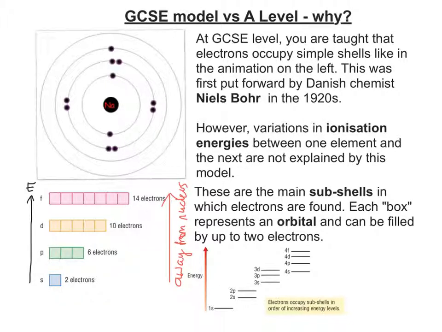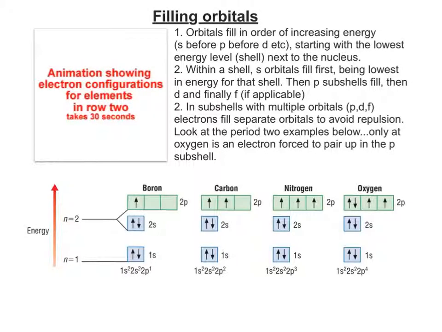So what we're going to look at next is how orbitals are actually filled, because there's a specific order in which they're filled. If we look closely at this, we can see that in the bottom diagram, the way that the orbitals are filled follows the rules at the top of the page.